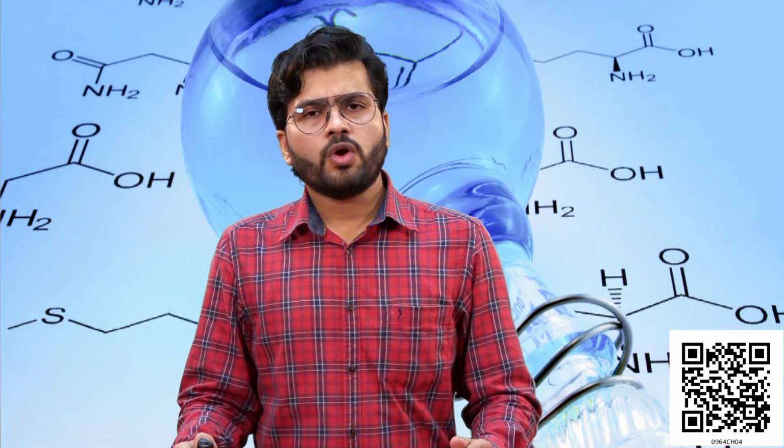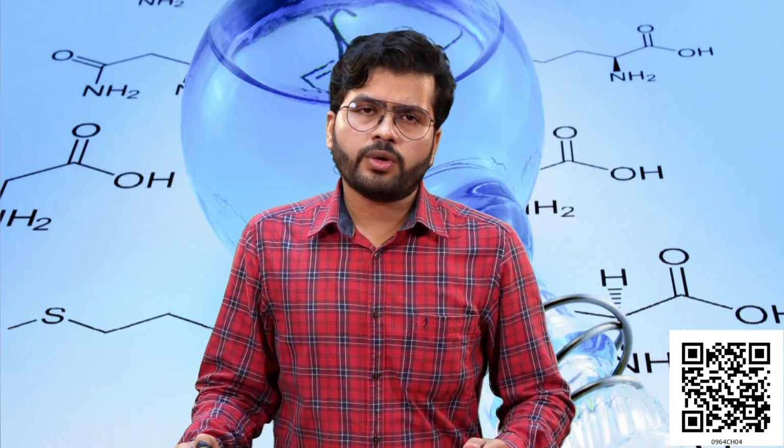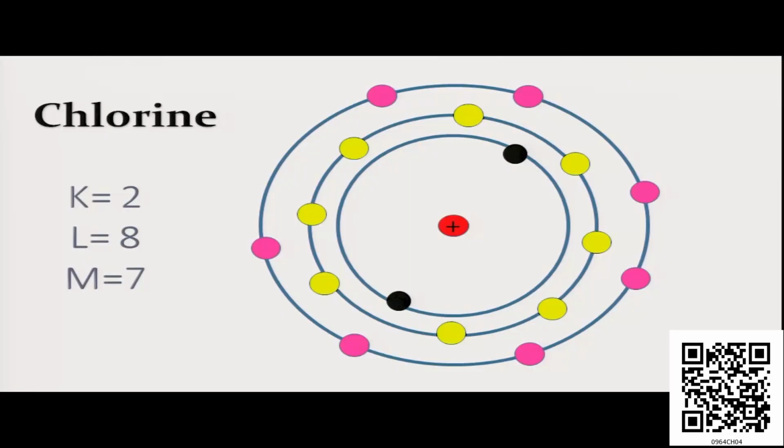Let us take one example, in case of chlorine. Chlorine, the number of electrons is 17. How are they distributed? 2, 8, 7. The outermost shell of chlorine contains 7 electrons. So, the valence shell contains 7 electrons. But what is its valency? If chlorine can receive one more electron in its outermost shell, it can have the octet.